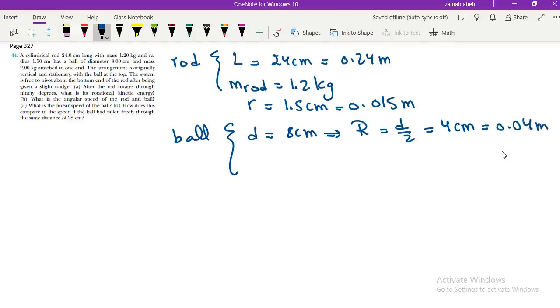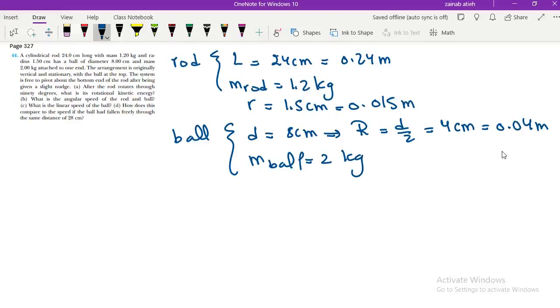And mass 2 kilograms, so the mass of the ball, it's equal to 2 kilogram attached to one end. The arrangement is originally vertical and stationary with the ball on the top. The system is free to pivot about the bottom end of the rod after being given a slight nudge.